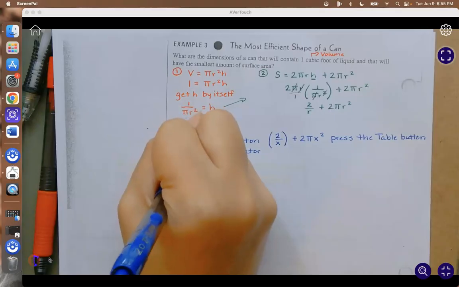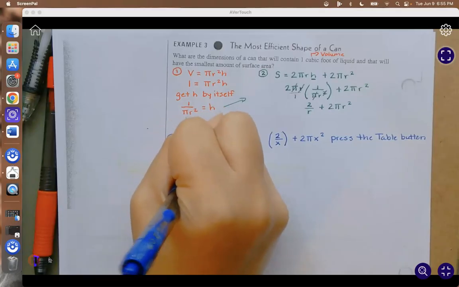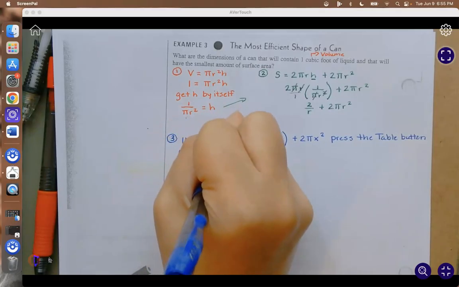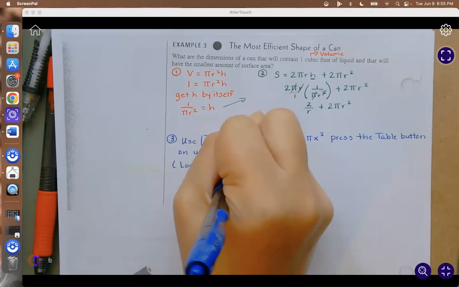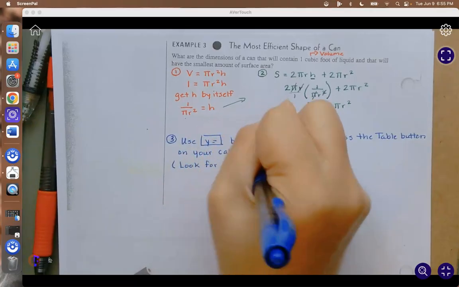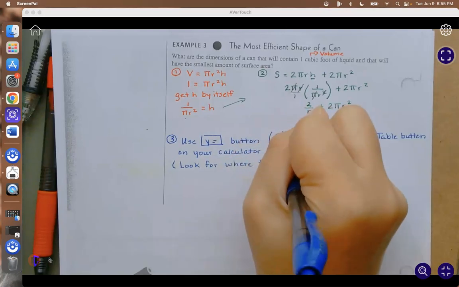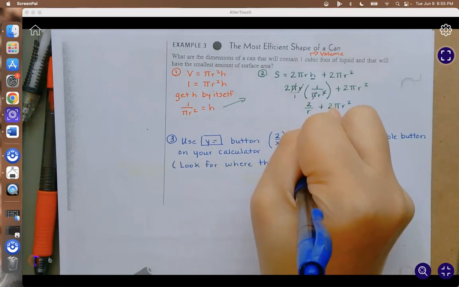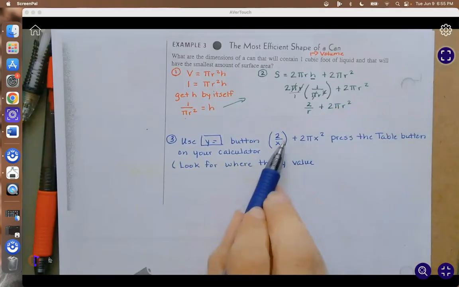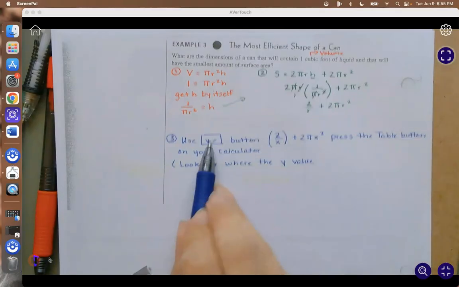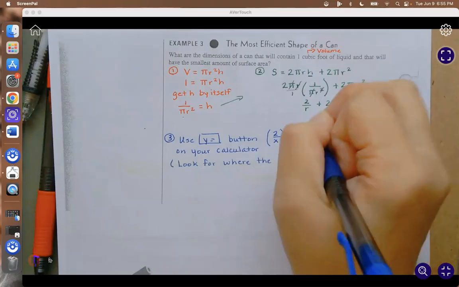Then we're going to look for where the y value, and if you're thinking about it, if this is what you typed in, then y took the place of s. So this is your surface area.